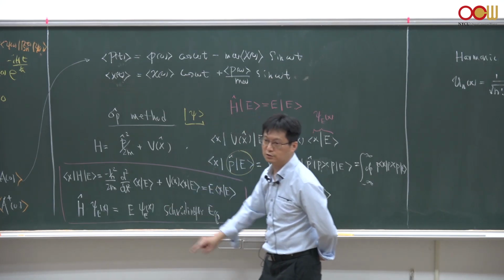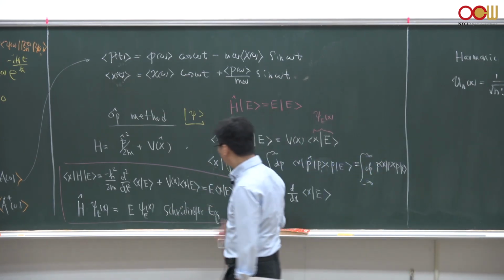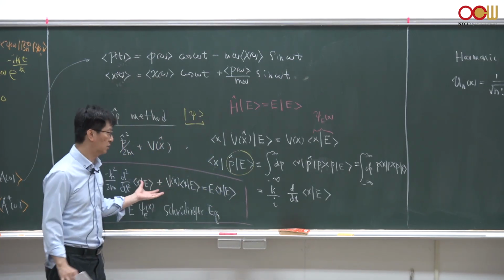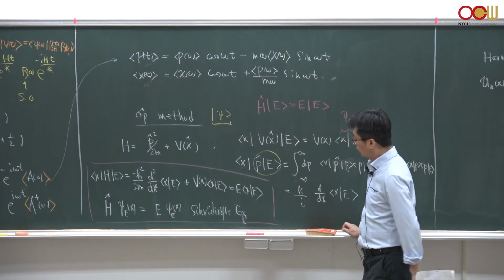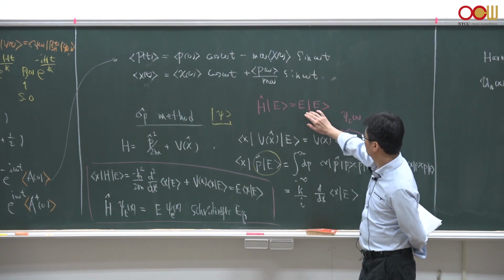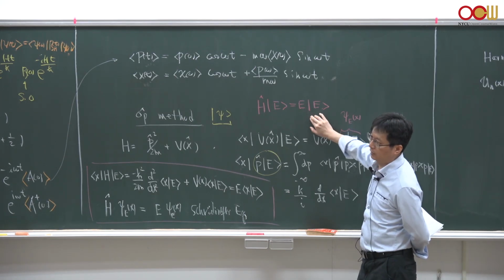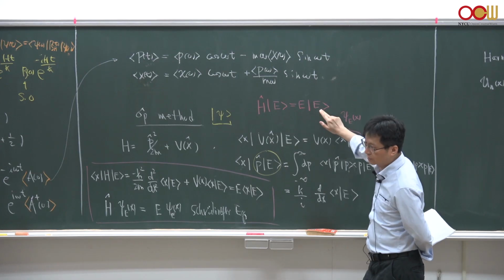So this is precisely the Schrödinger equation, but the advantage of using this Dirac notation is that we no longer just rely on the Schrödinger equation. We could project this eigenvalue equation onto any eigenbasis we like. The eigenstate is the eigenstate.